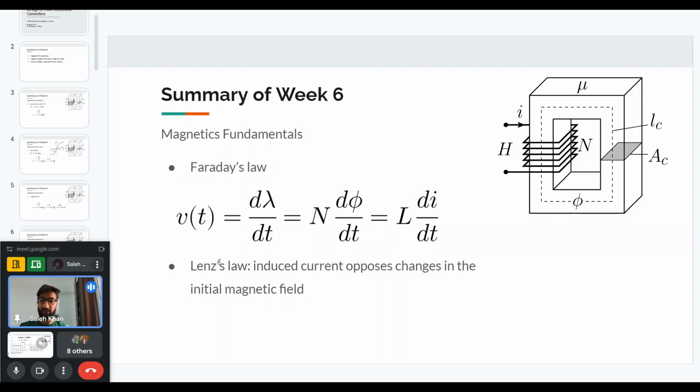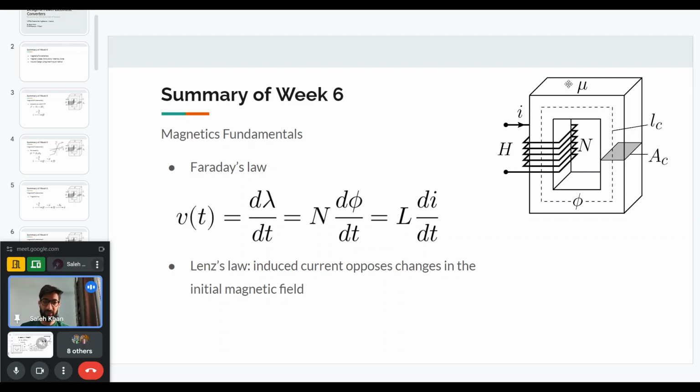And we can find the polarity of this voltage using Lenz's law. Once a voltage is induced in the coil, and if we complete the circuit through some other components, then a current will flow in that circuit due to this induced voltage. Lenz's law states that the induced current will produce its own magnetic field, and that field is in such a direction that it opposes the changes in the initial magnetic field.